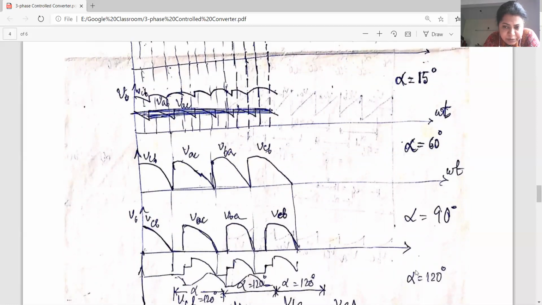And for alpha equal to 60 degree, and for alpha equal to 90 degree, or alpha greater than or equal to 60 degree, the waveforms will be 3 pulse, that of the 3 pulse converter. It will be 3 pulse output with one pulse in the middle missing. Here we can see VCB, after that it should have been VAB, but VAB is missing here.